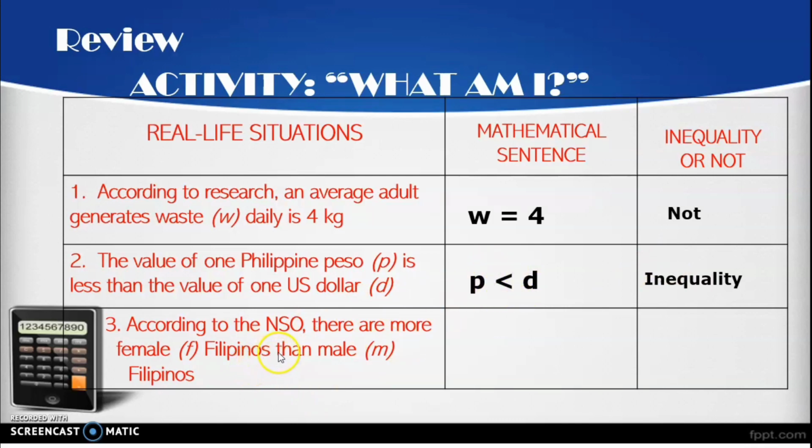Number 3: according to NSO, there are more female Filipinos than male. F represents the female, then M represents the male. There are more female, so F greater than M. Since we have a greater than symbol, this is an inequality.